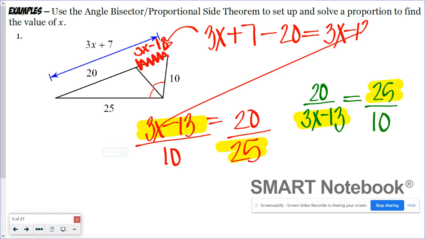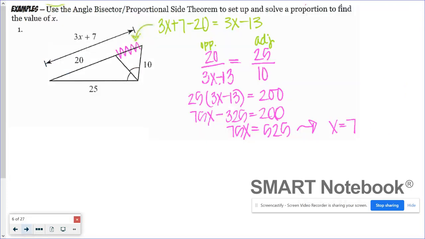Okay. So yeah, there are two ways that I can create these proportions, but because like of that proportional relationship, it all works out because the cross products are still going to be the same. And so this is ultimately what I ended up getting here. I ended up getting x equals 7. Okay.